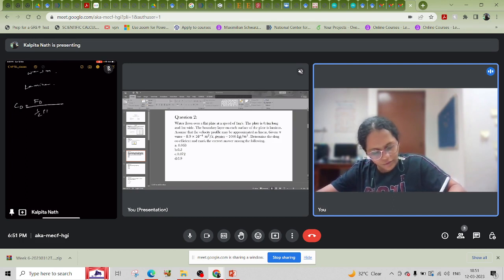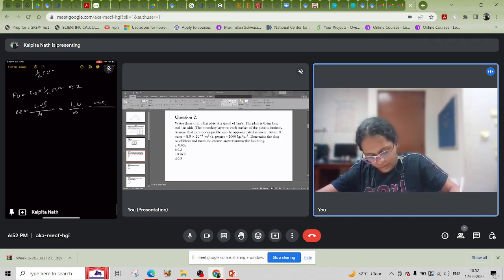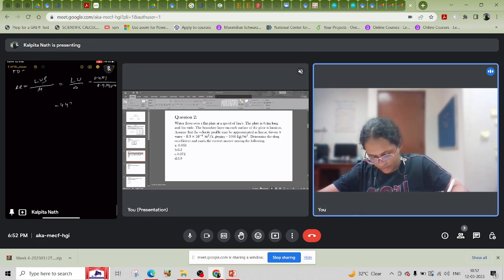So the drag force is C_D times half rho U squared times 2, as there are two surfaces, it's already said in the question. Reynolds number is L U rho by mu, that is L U by nu, that is 0.4 into 1 by 8.9 into 10 to the power minus, which is 449.435 into 10 to the power. The flow is laminar.